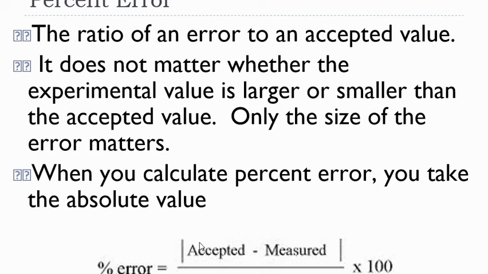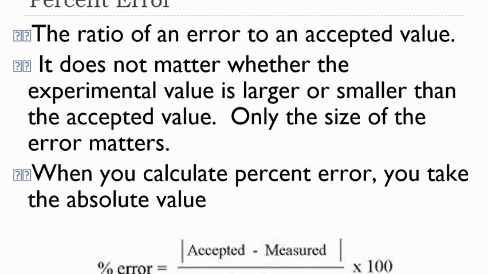Ultimately, you want your percent error to be 0. If it's 0, then that means that you are right on the mark. You got exactly what the accepted value was. And that's what your goal is when you're doing an experiment, is you want to be able to reproduce that data very well. Okay? So here is the formula for that.